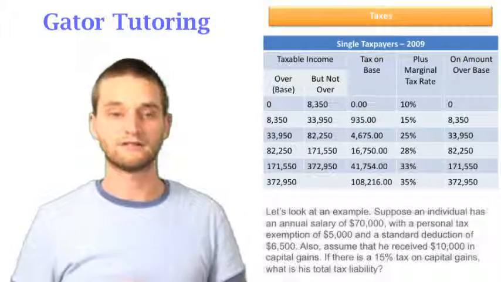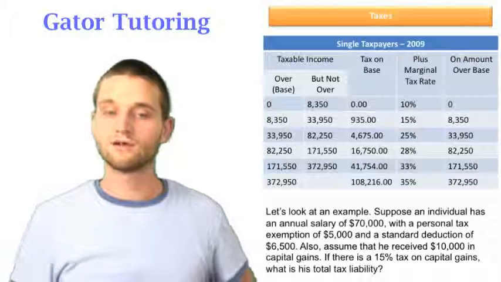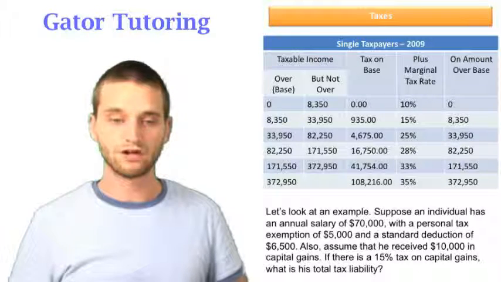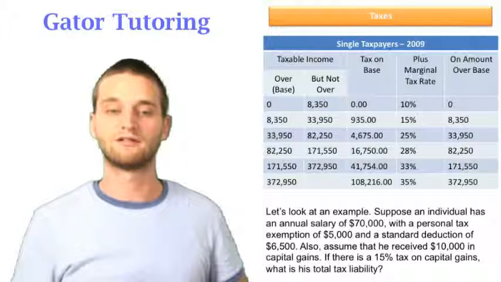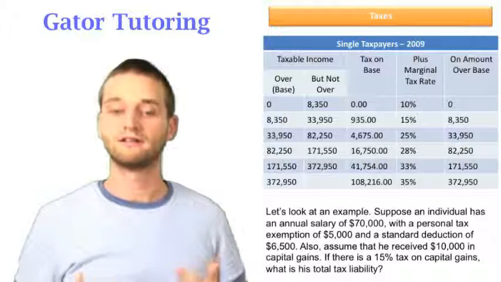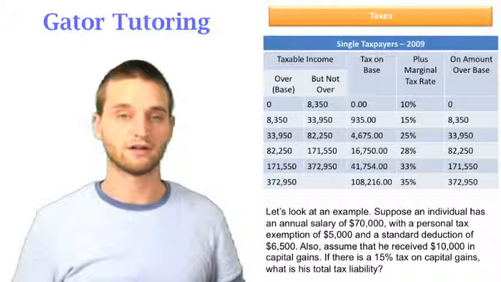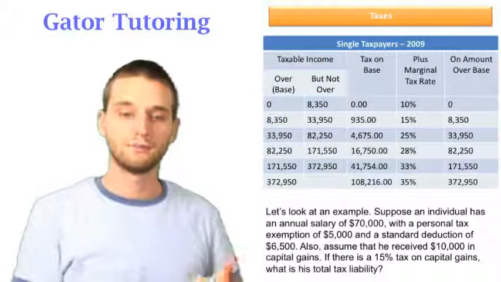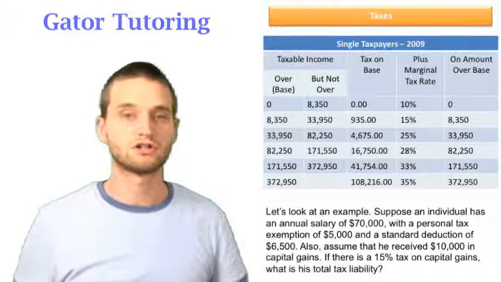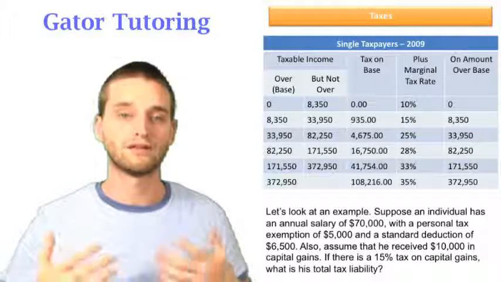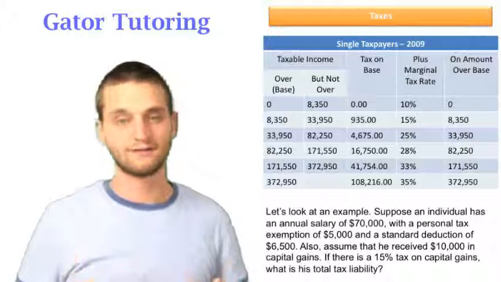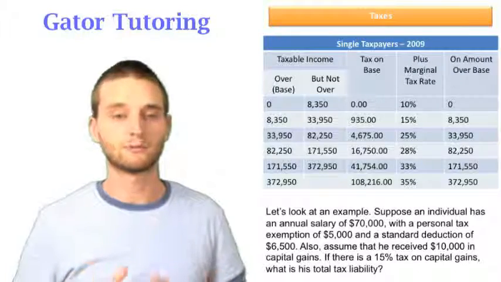So let's look at an example. Suppose an individual has an annual salary of $70,000 with a personal tax exemption of $5,000 and a standard deduction of $6,500. The personal tax exemption and the deduction are both ways that the individual reduces his net taxable income, so he's not going to be responsible for that.